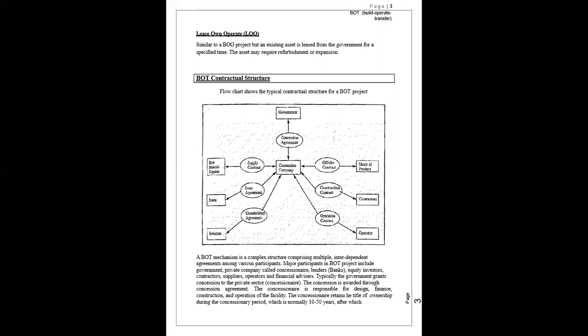Typically, the government grants concession to the private sector. As government has a single point of contact in the concession company, that concession or government agreement is to that private sector only. The concession is awarded through concession agreement.